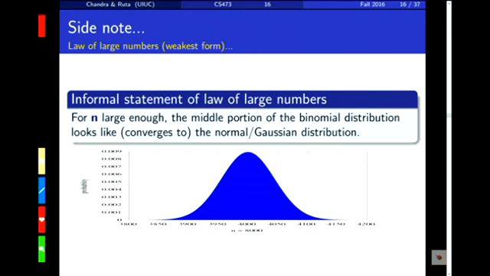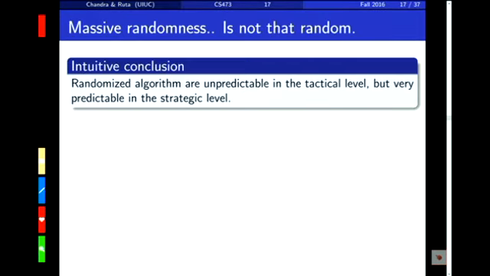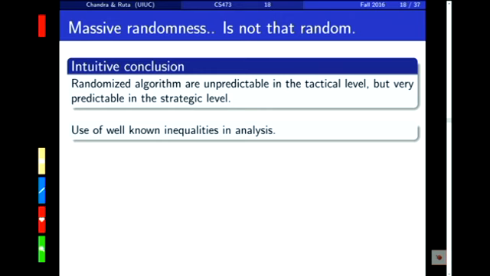That's why, for a randomized algorithm, expected running time is not unpredictable. Expected running time is what happens almost always. We will use some well-known inequalities to prove this quantitatively, and let's see which inequalities.